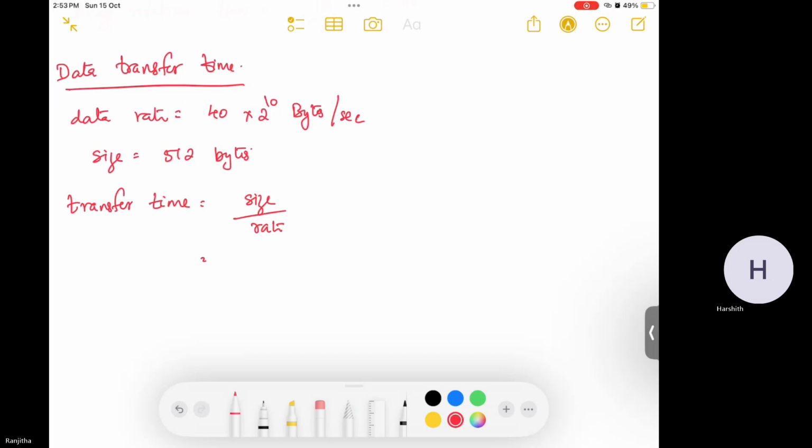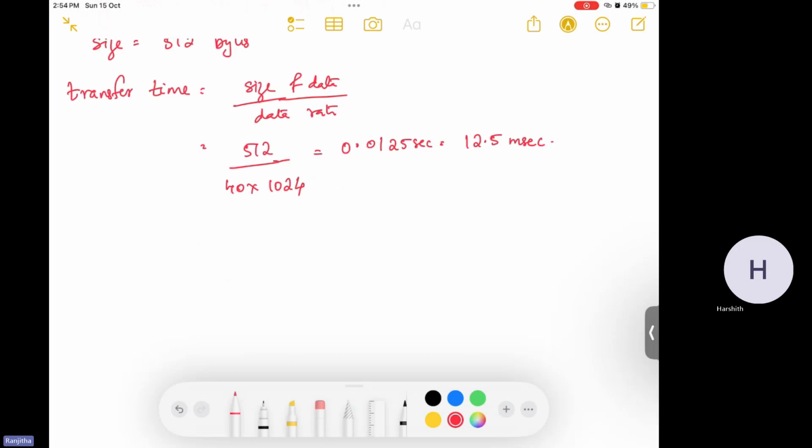So it is size of data rate, which is 512 by 40 into 1024, which is 0.0125 second, which is equal to 12.5 millisecond.